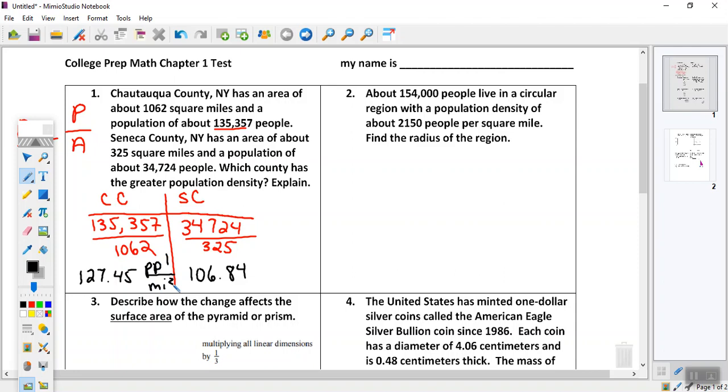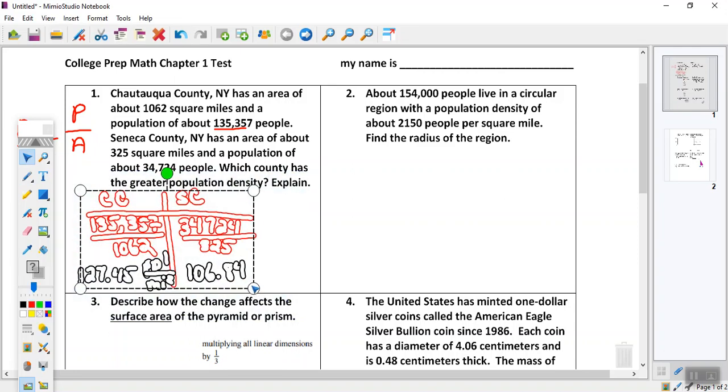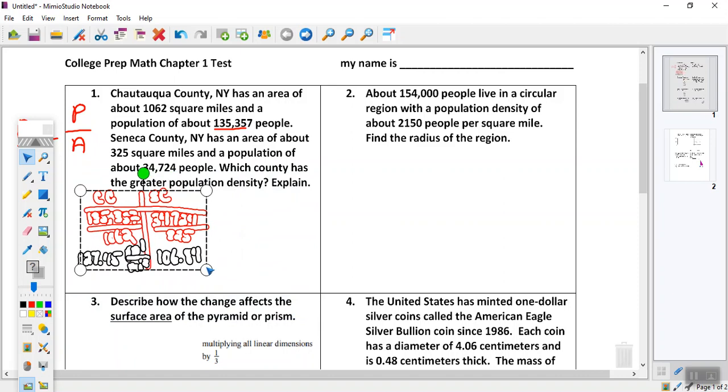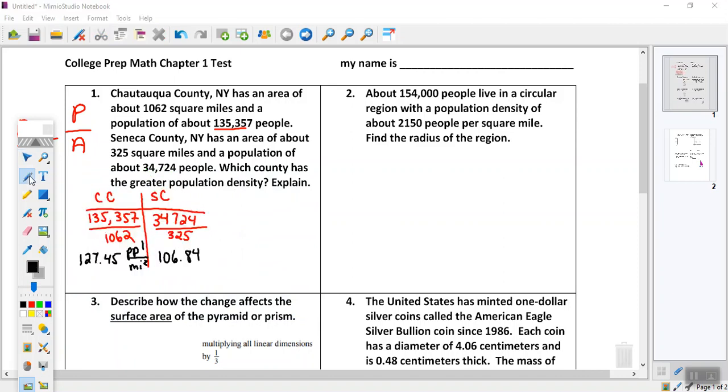What would you say here, kids? First one here, Chautauqua, right? There's more people per square mile or per unit area than there are in Seneca County. We found the two population densities.